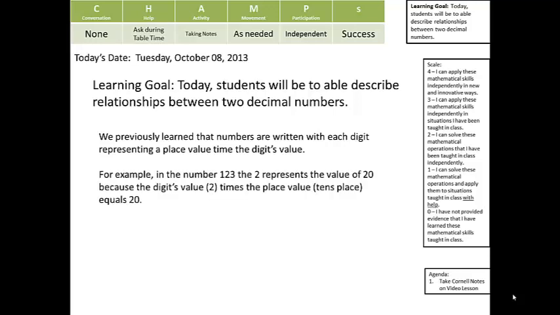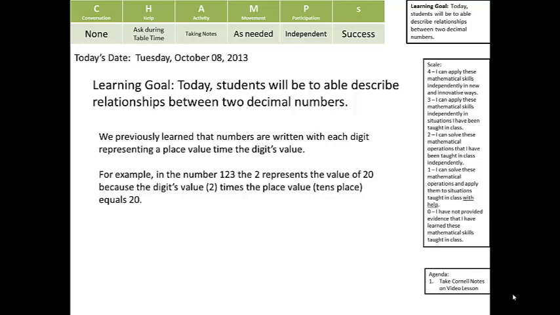If we have the number 123 and we want to know what value the 2 has, we take the 2 and multiply it times the place value that it's in. It's in the tens place, so we multiply 2 times 10, and that gives us a value of 20. So that 2 doesn't represent 2, it represents 20.